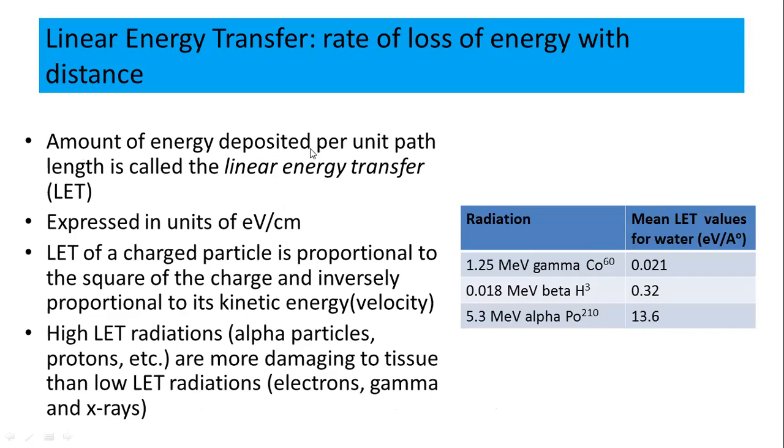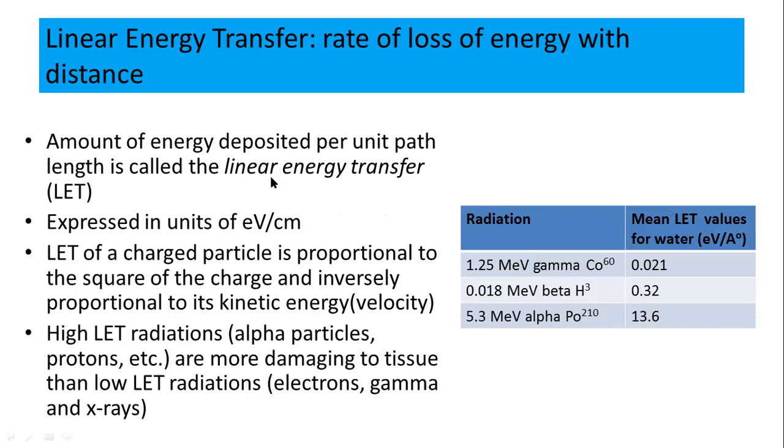The amount of energy deposited per unit path length is called the linear energy transfer. So what is the amount of energy transfer or energy loss per unit path length? Per unit path length is important, because now you specify the length. If you take 1 centimeter for each of the gamma ray, negatron, and alpha particle, then you can compare which is going to lose more energy than the others.